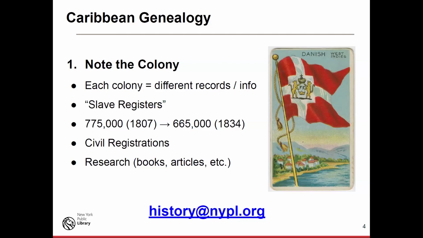I'll get to a slide on enslavement in particular, but one of the types of records may be slave registers, where the name of an enslaved individual would actually appear, but you have a short window of time, 1807 to 1834, when typically, and of course depending on the colonial power, these select materials were collected about the enslaved populations. Civil registrations, basically like vital records, are information collected about births, marriages, and deaths.